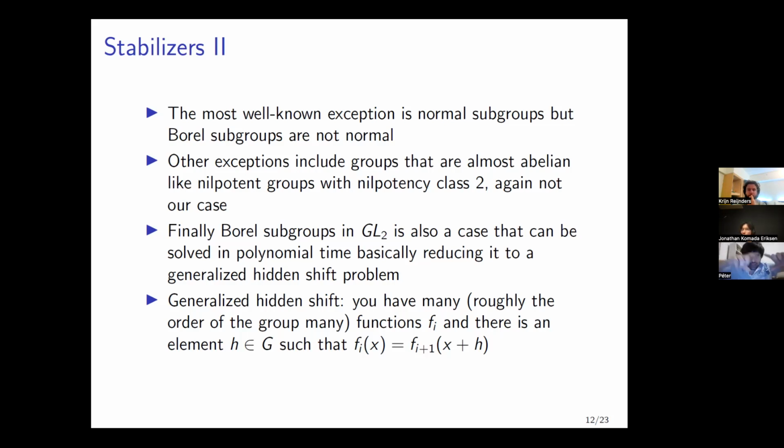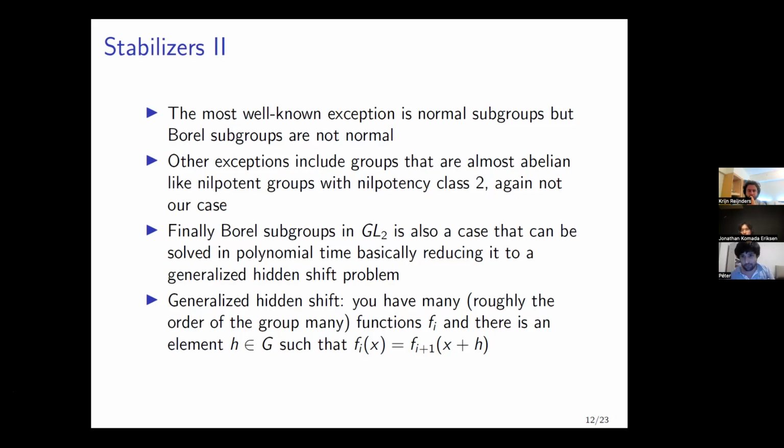So they're the direct product of their Sylow subgroups. But there are also definitions through central series and commutators. Basically nilpotent groups of nilpotency class 1 are the abelian groups, and class 2 is something that is as close to abelian as it gets. Again, not our case.